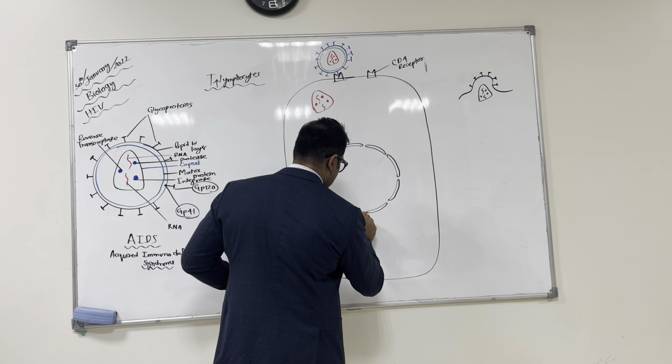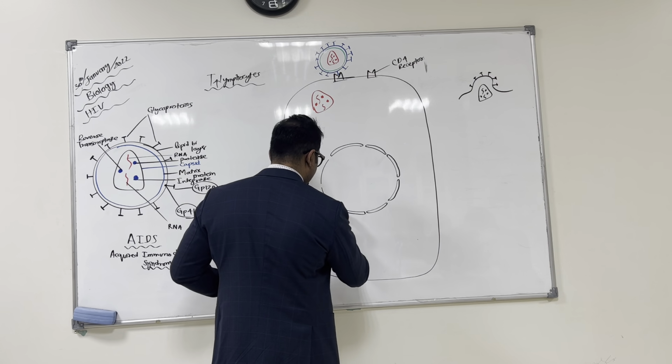So this is the nucleus of the T4 lymphocyte, and let's suppose this is the DNA present inside. I am just drawing one molecule to make you understand, right? Remember that there is protease enzyme, right? And the capsid is always made up of what? Proteins. So that protease enzyme will digest the capsid and release the contents of the virus.